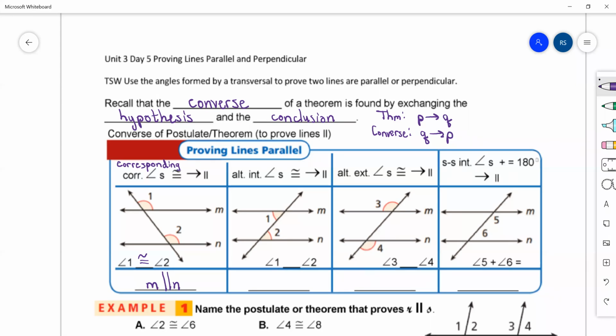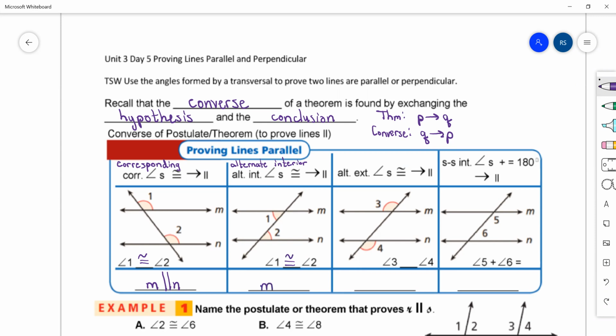Here we have alternate interior. This is how you abbreviate alternate interior. So if the alternate interior angles are congruent, then lines are parallel. Angle 1 is congruent to angle 2. That's what the picture shows us.